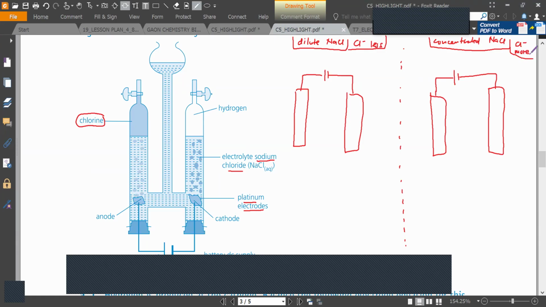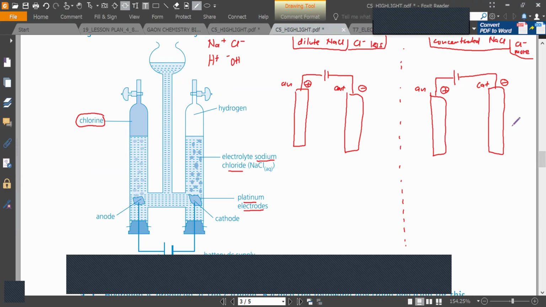Now we have 4 ions: sodium, chloride, and hydrogen and hydroxide from water. Then we have the cathode and the anode.